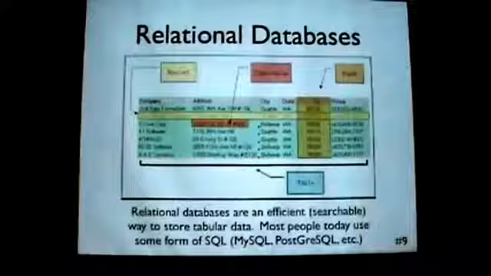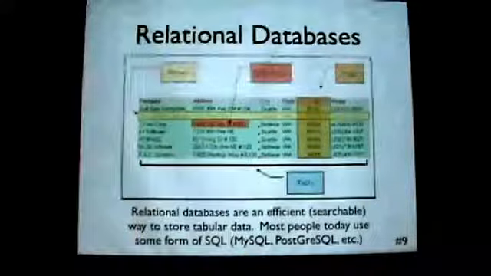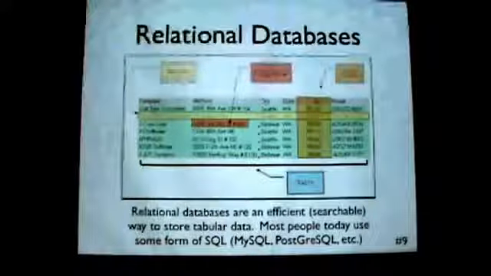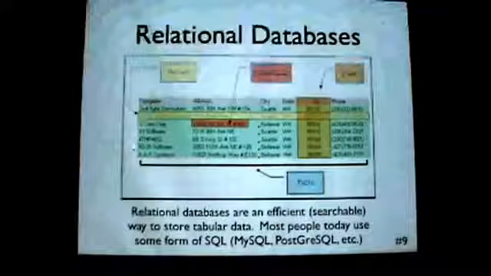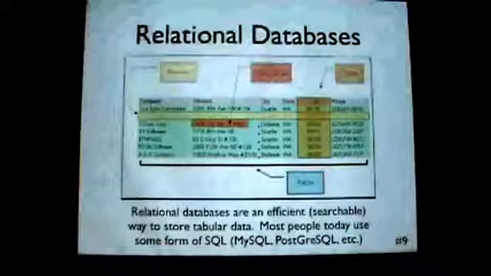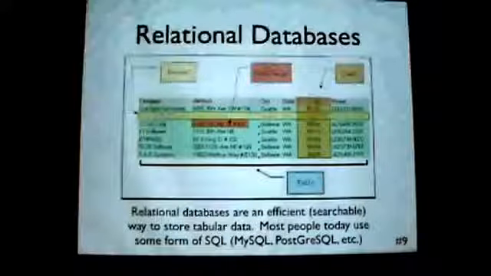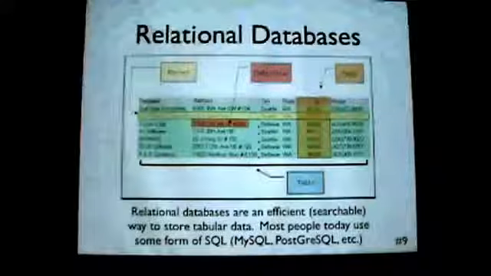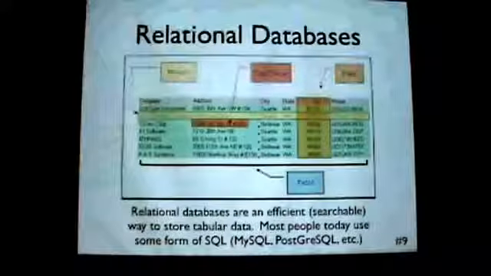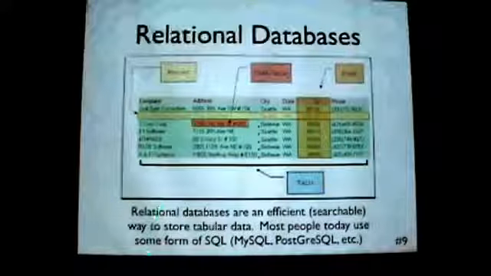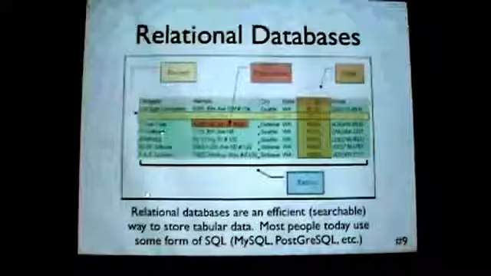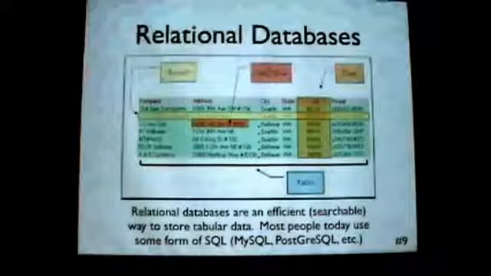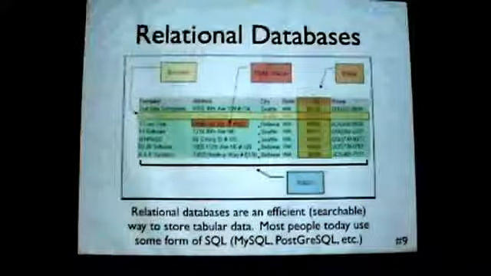Once we have that, we need to know where we want to send this information. A nice way to store and retrieve this information is in what's called a relational database. The standard for this now are databases that are created using the structured query language, SQL: MySQL, PostgreSQL, any of these things. Basically, all these are very fancy ways of sticking tabular information together and allowing you to search through that in a very efficient way.